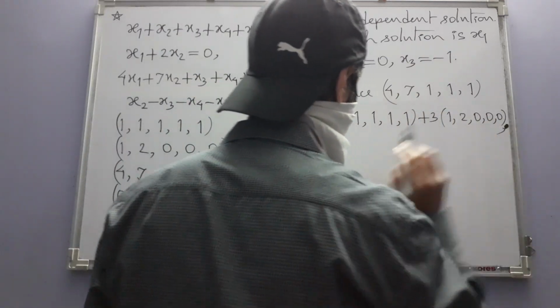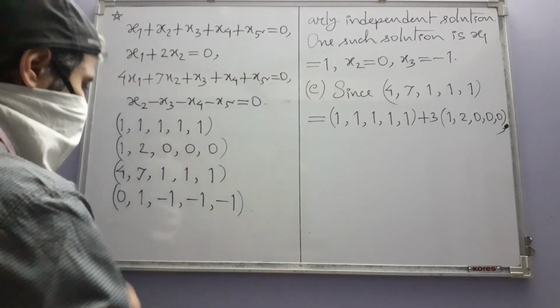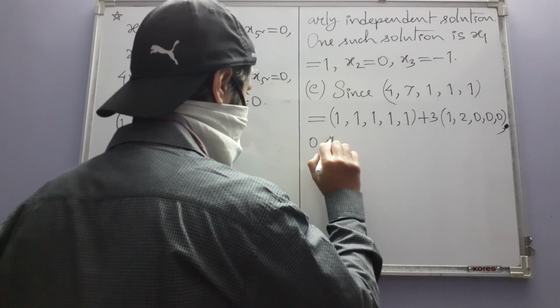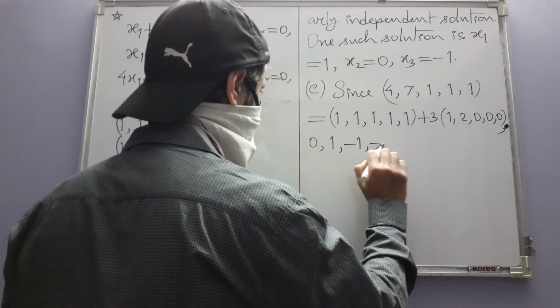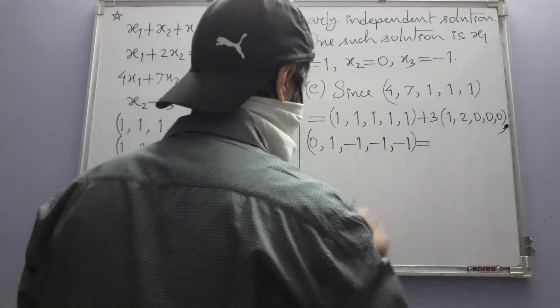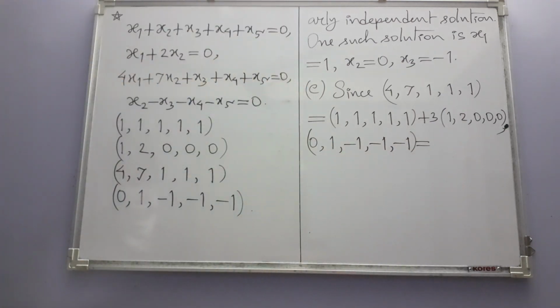This one, the last one, is also like that, a linear combination of the first two. And what is that?